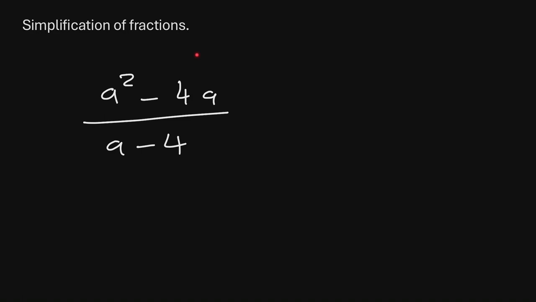This is not a difference of two squares because of this a here. But we have a as a common factor, so we take out a. Then a squared divided by a gives us a, and negative 4a divided by a gives us minus 4.